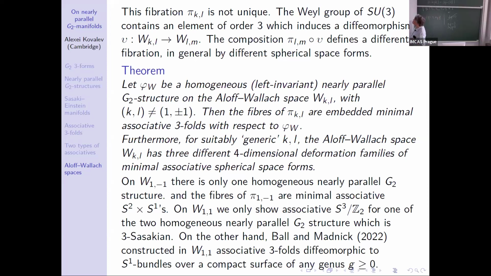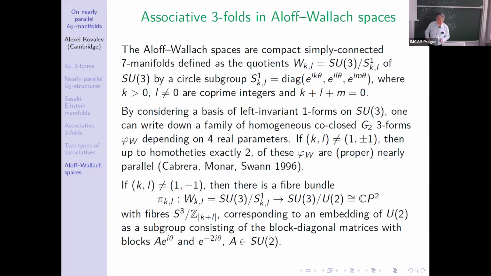Because on each VKL, how many nearly parallel G2 structures are there? In general, there are 2. Let's go to the previous slide. We start from left invariant forms.